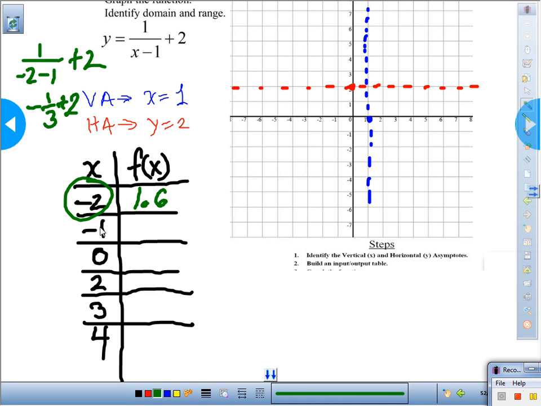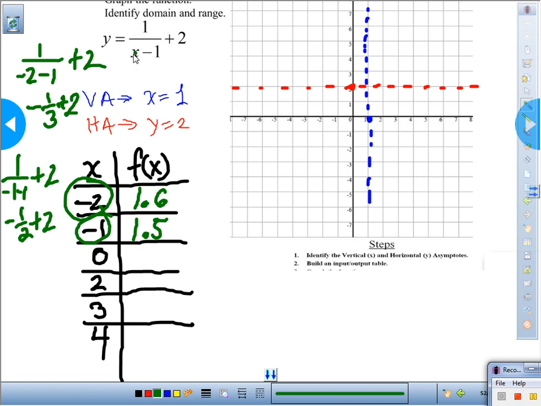All right, let's go to the next one. -1. I'm going to substitute it in here. So it's 1 over -1 minus 1 plus 2. What is -1 minus 1? -2. So it's -1/2 plus 2. What does that give? 1.5. Very good. Some of you are like, Mr. Q, I get confused with the negatives. 0.